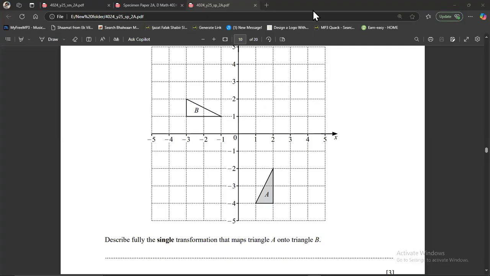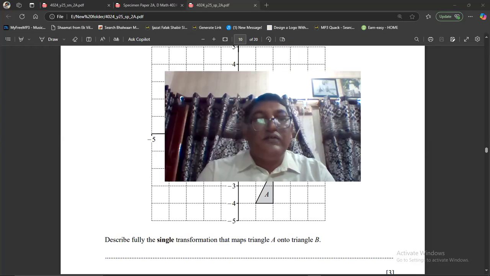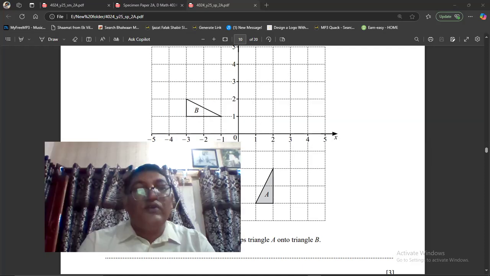So I have got a set square. So let me show you. Let me increase the size of this screen. Here I got a set square.